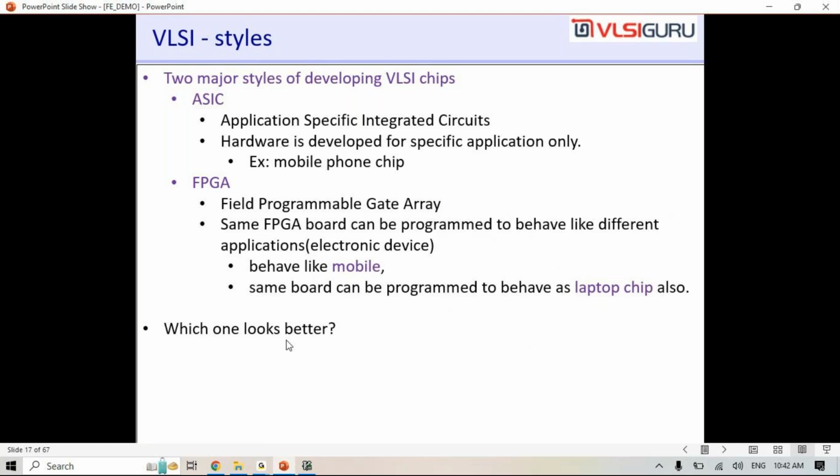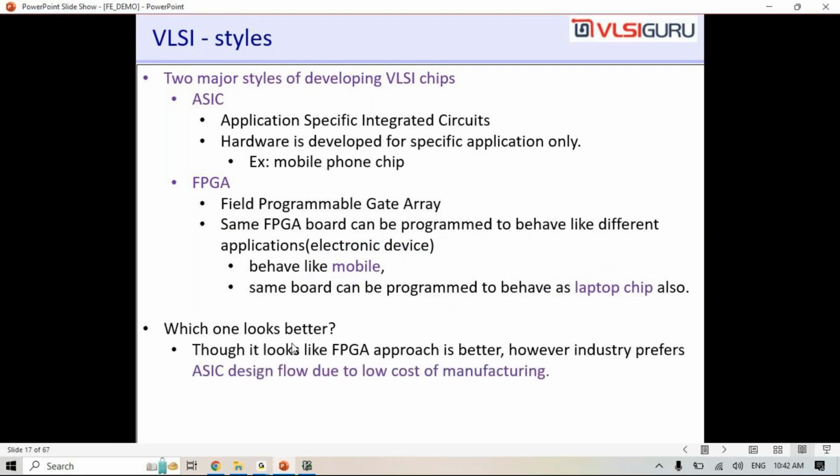Just looking at this slide, which one do you think is the better option? FPGA. Because why does it look better? You're able to use the same thing as a mobile, the same thing as a laptop chip. So you have flexibility. Though it looks like FPGA is better, industry prefers the ASIC design flow due to the low cost of manufacturing.